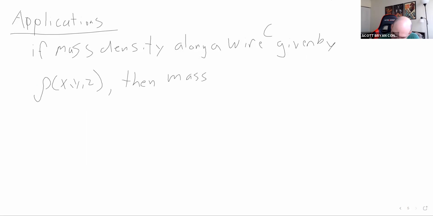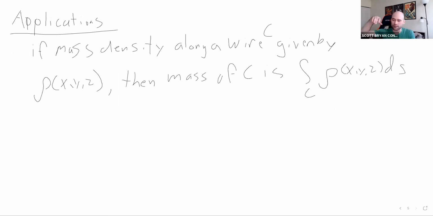Then the total mass, the mass of C, is of course just the integral along the curve C, along the wire C, of the density with respect to arc length. And this works perfectly fine if we're in R2 also and the density is given by a function of 2 variables.